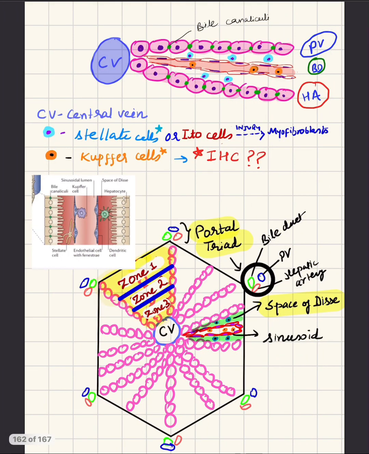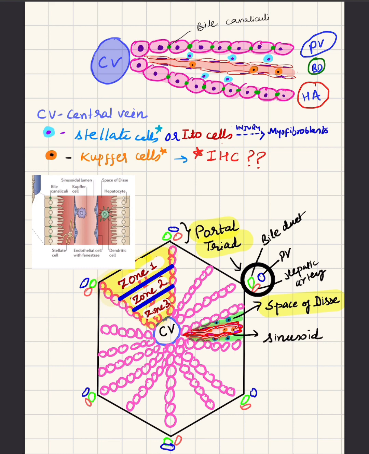Now next, the cellular arrangement in the hepatic lobule is again important for developing the concepts. These are the hepatic lobules. They have plates of hepatocytes, and in between these plates of hepatocytes there are sinusoids.